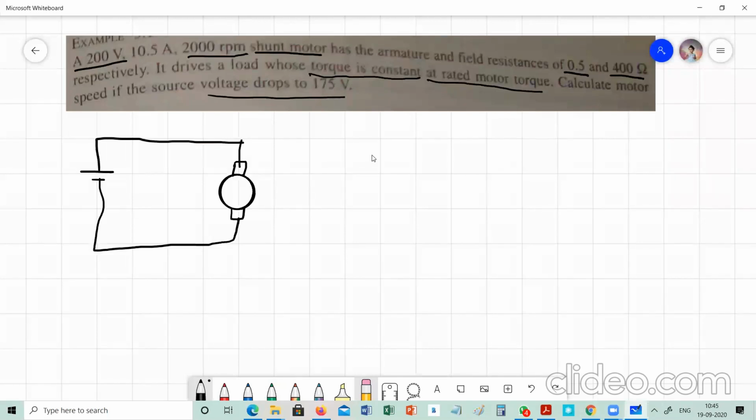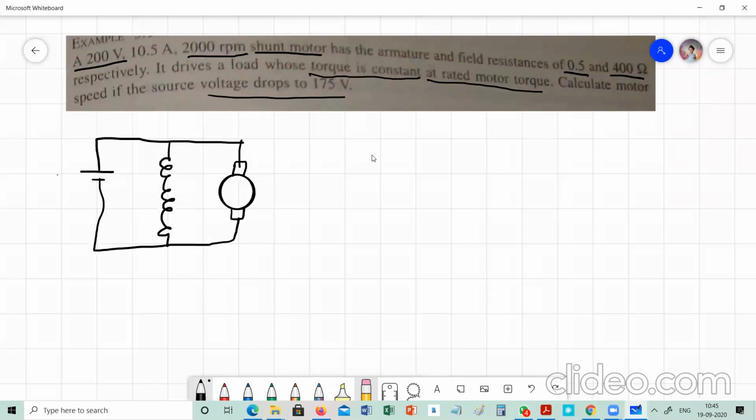One minute. This is the field, which is connected in parallel because it is a shunt motor.